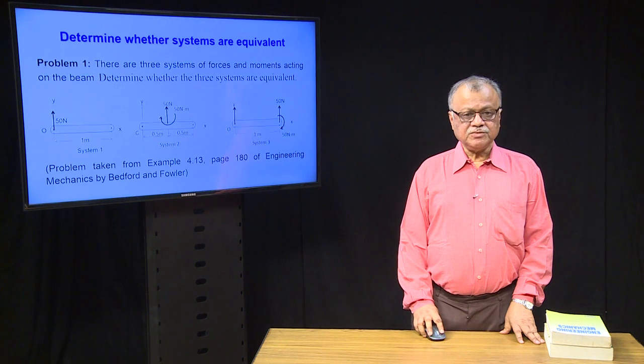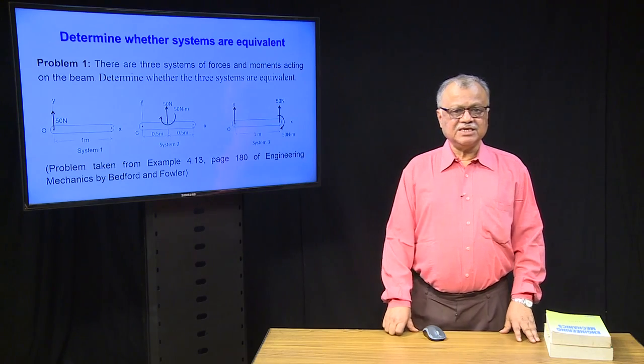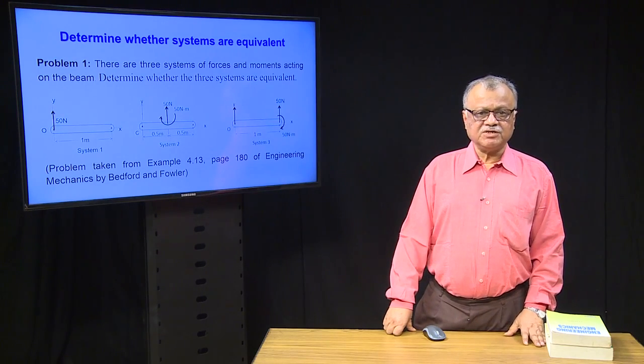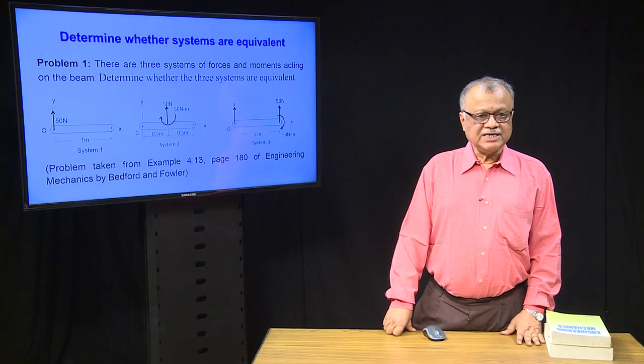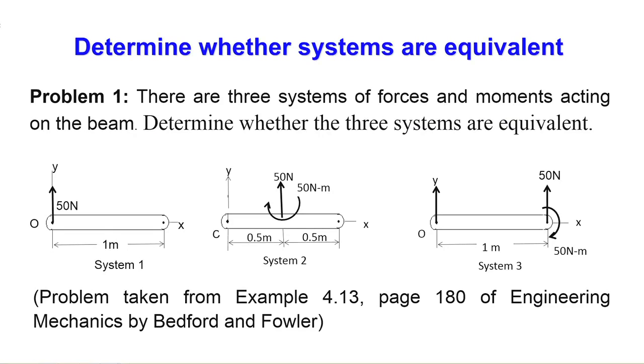Next, we will apply this system of conditions for equivalence. Let us take one problem. Here 3 systems are there. In system 1, a 50 Newton force at the origin along the y direction is applied.